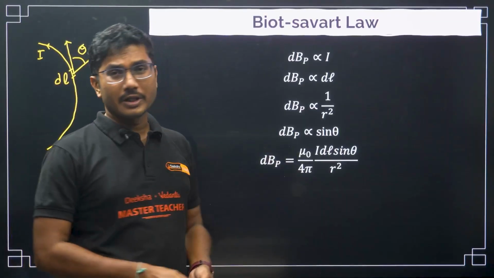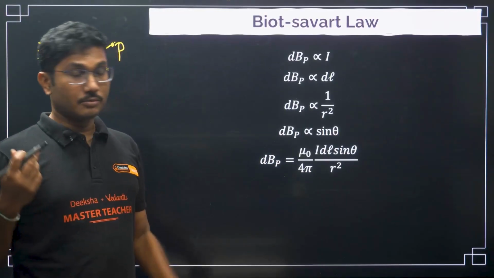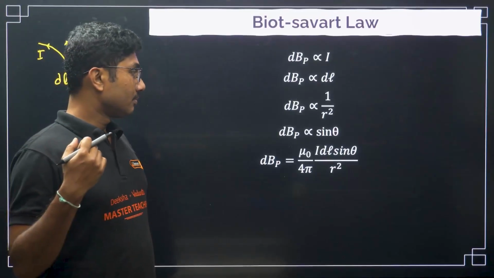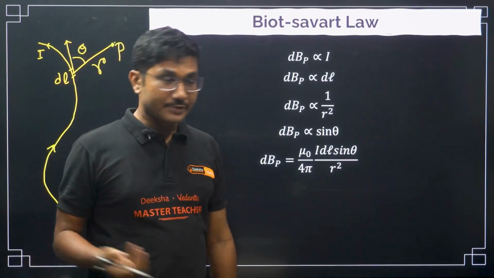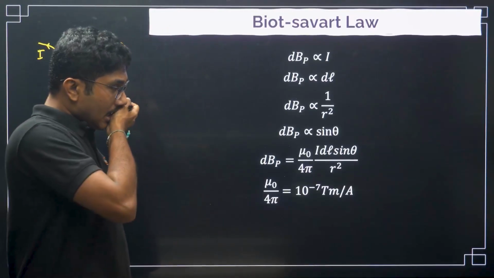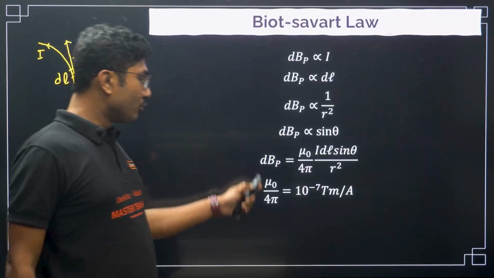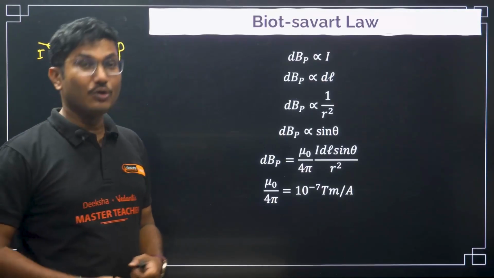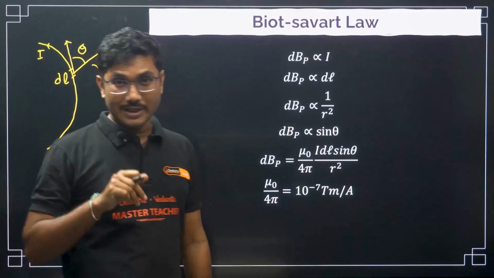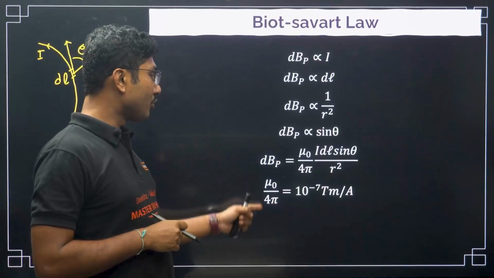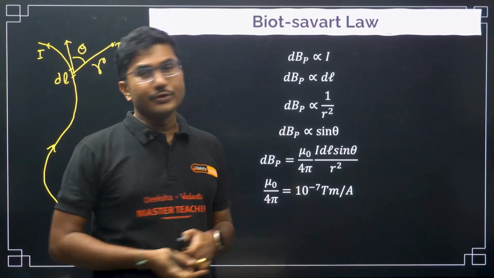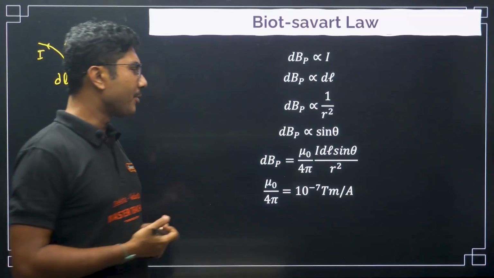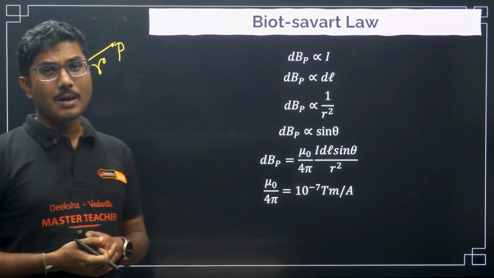Mu naught is called the permeability of free space. The constant mu naught by 4 pi has a fixed value, like you remember 1 by 4 pi epsilon naught. Similar to that, mu naught by 4 pi has a fixed value, which is approximately 10 to the power of -7 Tesla meter per ampere.